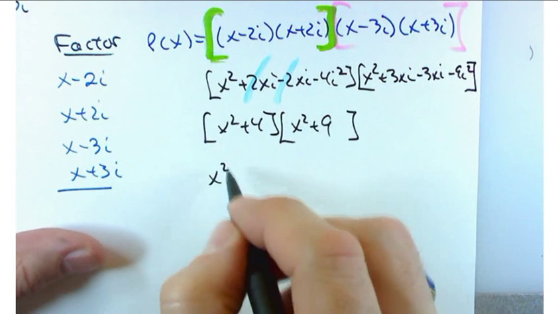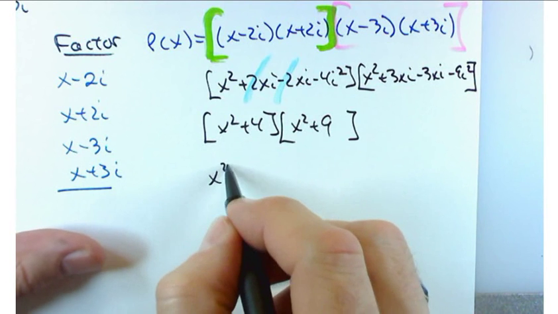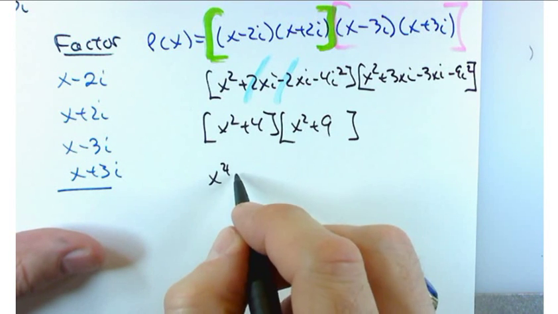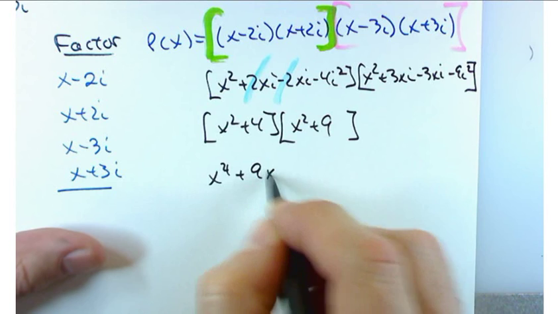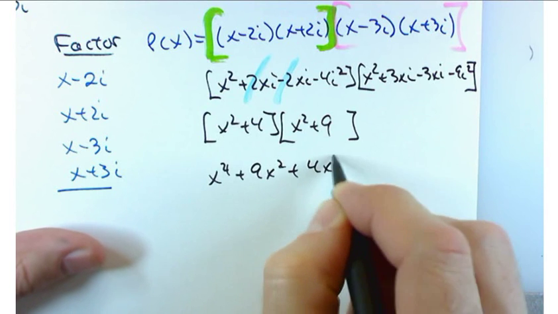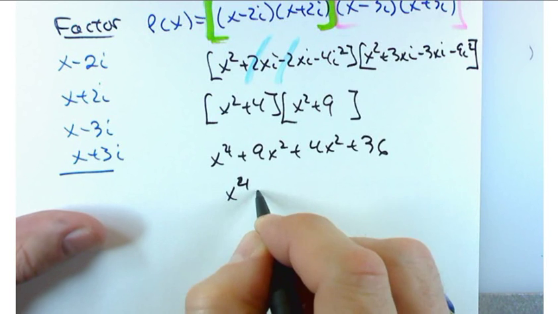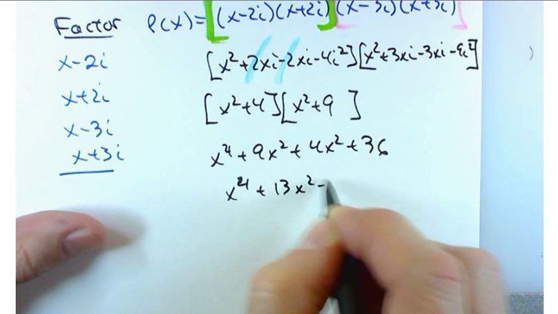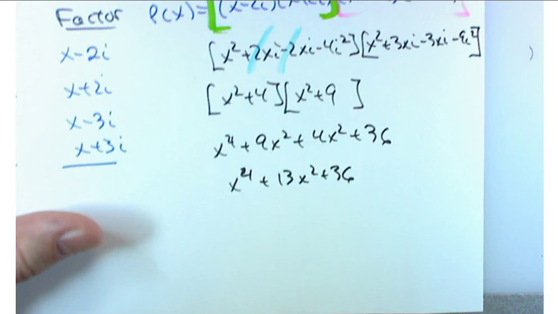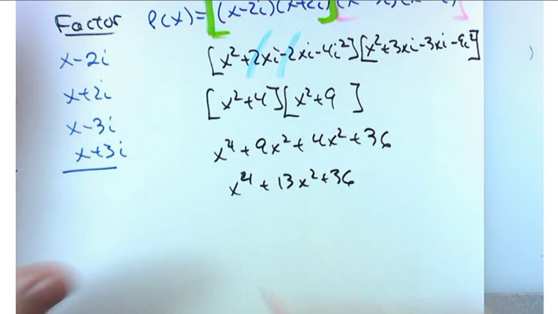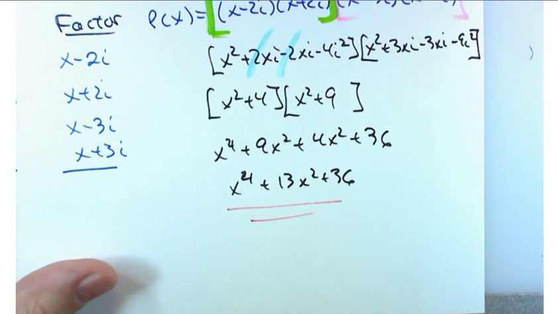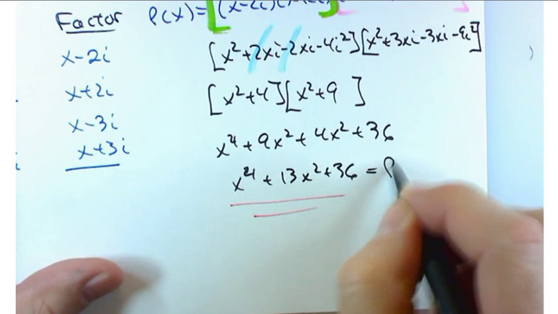And if I FOIL that out, I'll get x to the 4th plus 9x squared plus 4x squared plus 36. Overall, x to the 4th plus 13x squared plus 36. That is your p of x.